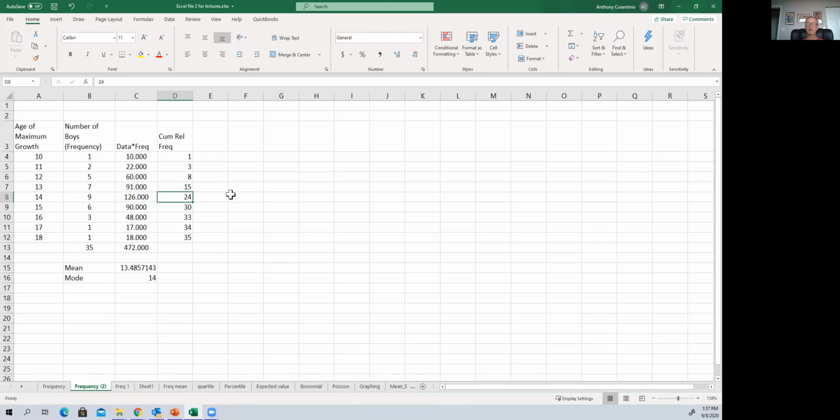Because 14 is data point 16, 17, 18, 19, 20, 21, 22, 23, 24. So in this case, the median is also 14. So you can see that all three of these values are very, very close together. So you would think that this data is very well defined for all measures of central tendencies.